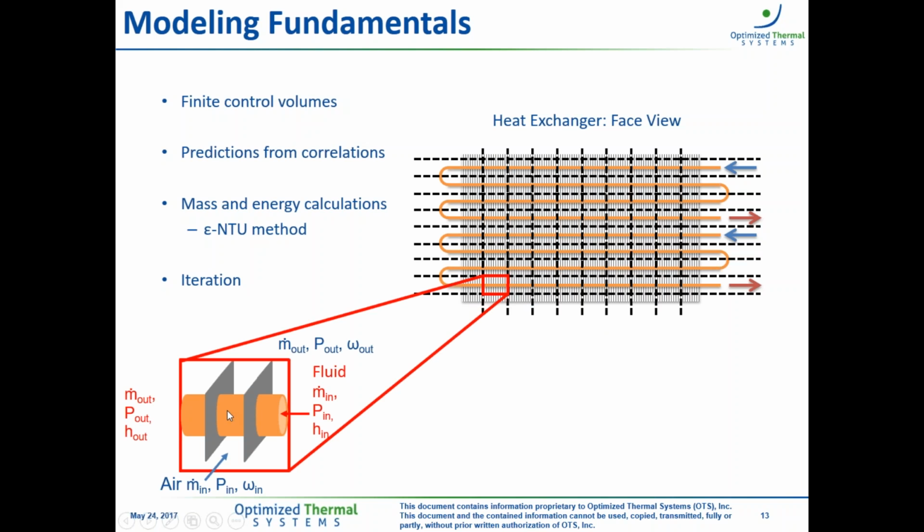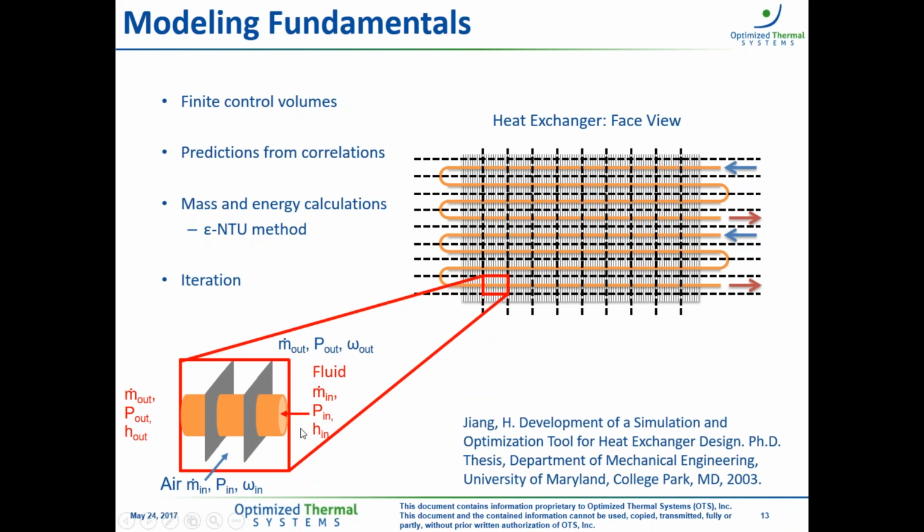Inside of each of those segments, we have tubes and fins, and we can solve the mass and energy balances to calculate the outlet state of refrigerant and the outlet state of air for each segment, and iterate that process all the way through the heat exchanger to get the result. And we'll demonstrate this in practice in a moment.